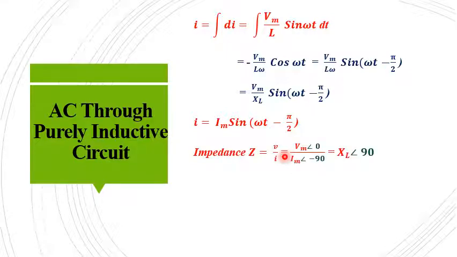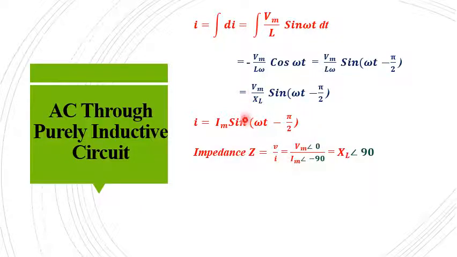Then another term is the impedance. Impedance is the opposition offered by the element to the flow of current. So impedance can be either resistance or inductive reactance. Impedance Z is equal to V by I. V is your supply voltage, Vm sin omega t. In polar form, this can be written as Vm angle 0.